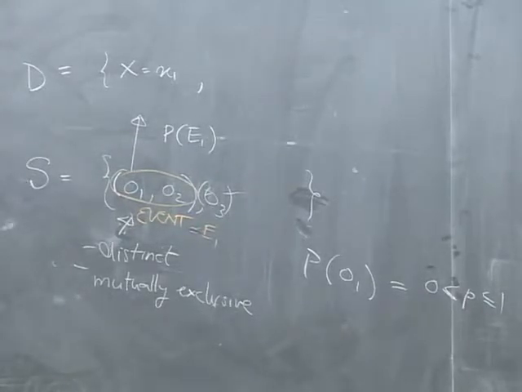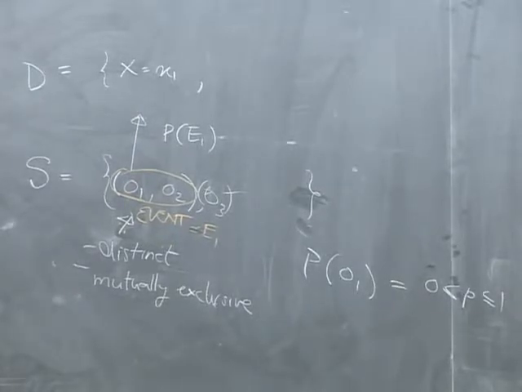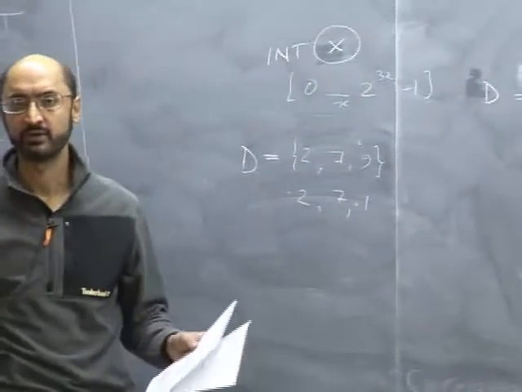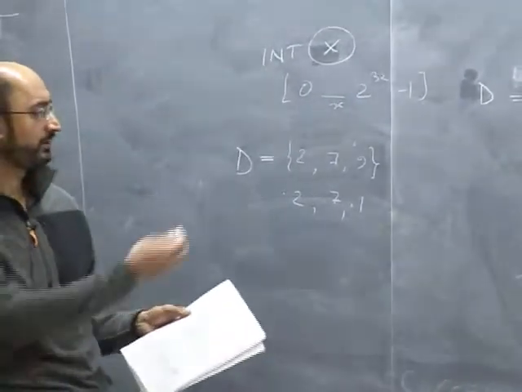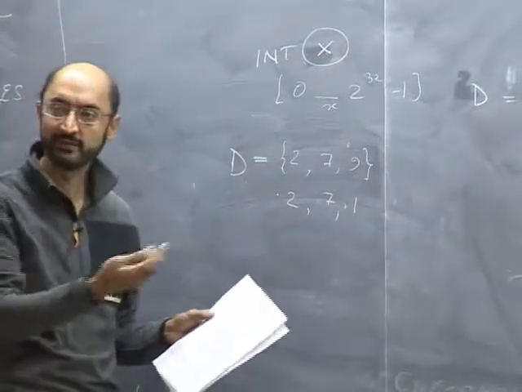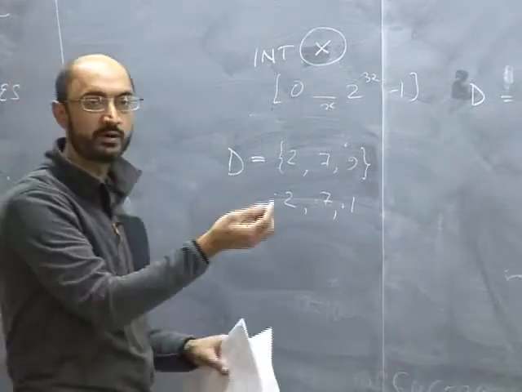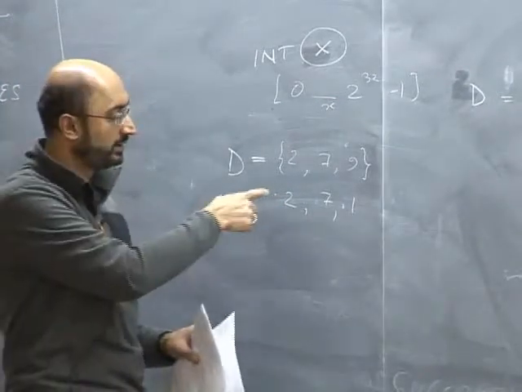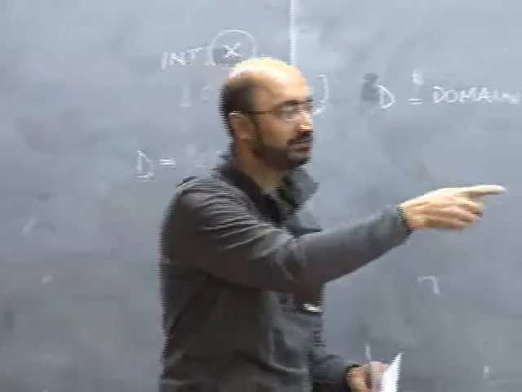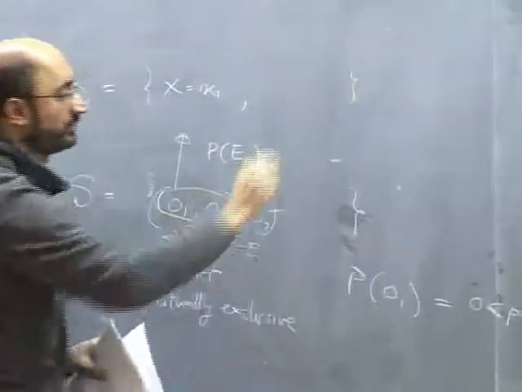In many cases, the outcomes may just be 2, 7, and 9. So the domain D is 2, 7, 9. The sample space is 2, 7, 9. Life is good. We don't have any problems. We just say here are 3 outcomes, the 3 events. Events are singletons in this case, and the outcomes of whatever process is going on are 2, 7, and 9, and the probabilities are associated in this way.